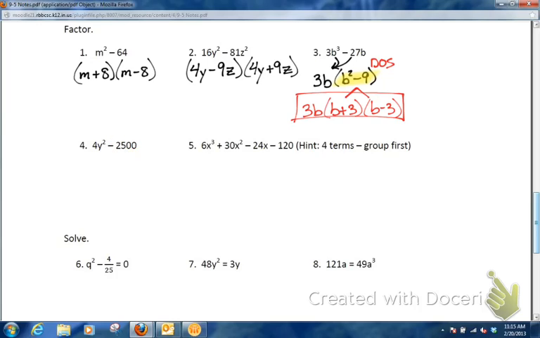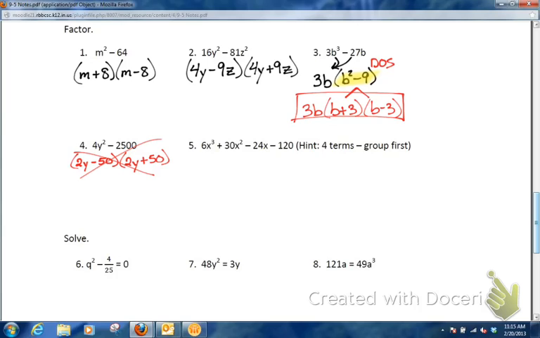Square root of 2,500 is 50. So what you might say here then is, okay, well, this is going to be 2y minus 50 and 2y plus 50. But no, that's not the right answer.